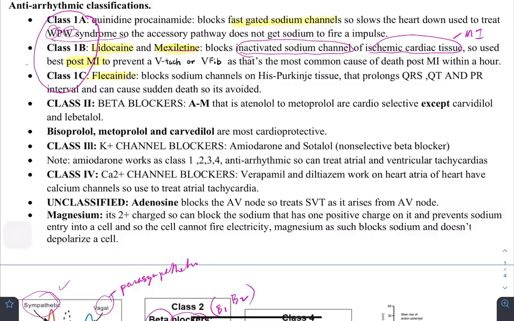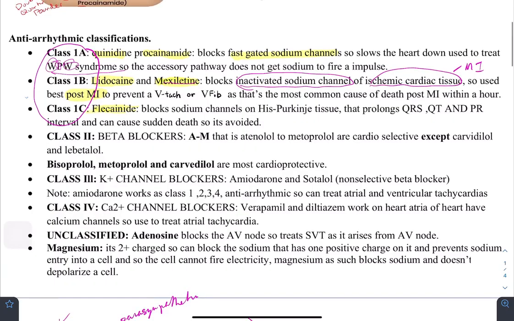Class 1A. The drugs are quinidine, procainamide, disopyramide. Let me help you remember the class 1A sodium channel blockers a little bit more.